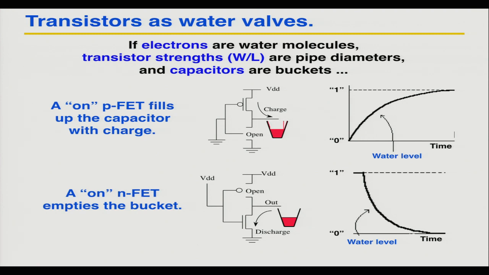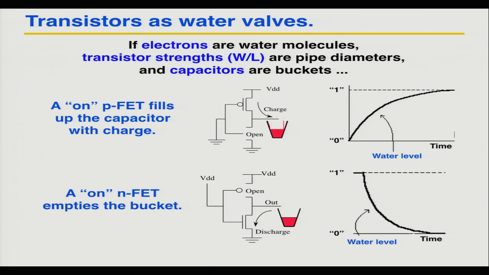So when we connect the input of an inverter to 0, we want the output to go to a 1. That's effectively charging the output capacitor, filling this bucket with water, and the pipe is that P-type thing here. And then if we change the input to the inverter to VDD, we'd like the output to go to 0, and that's effectively discharging, or draining the water out of that bucket.